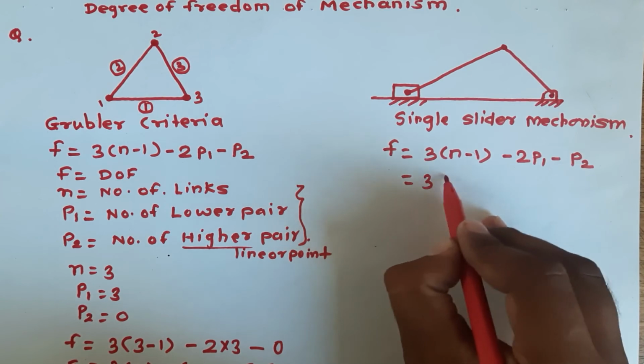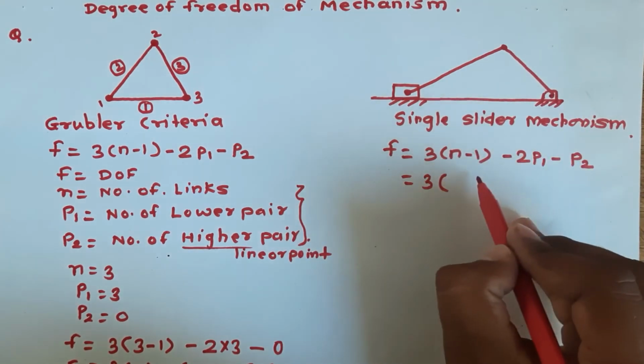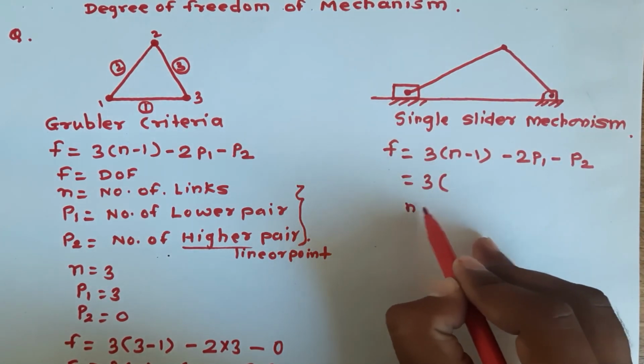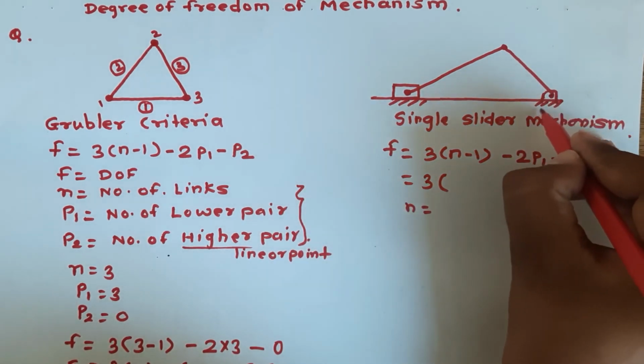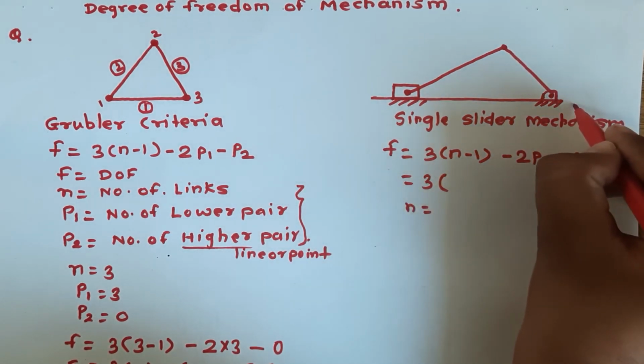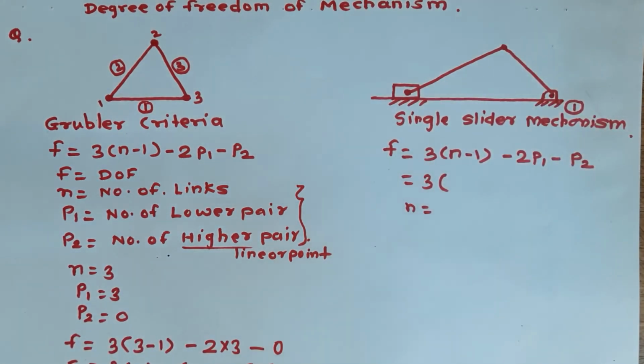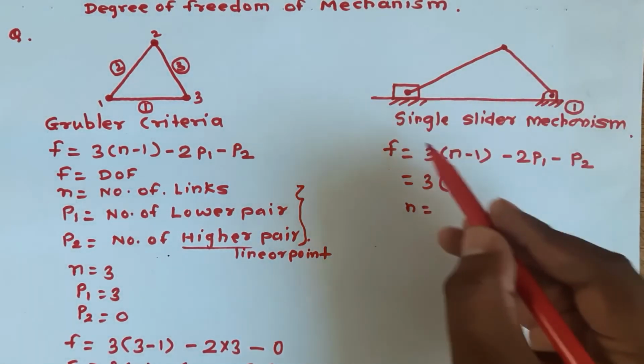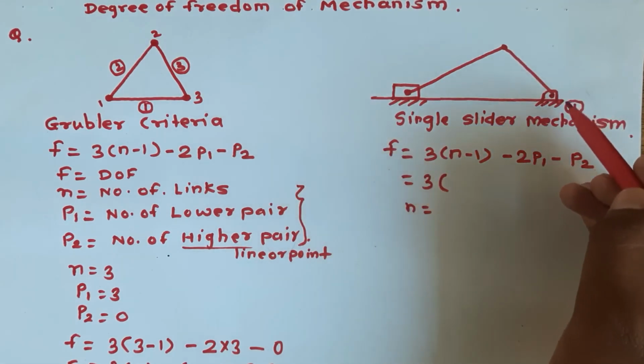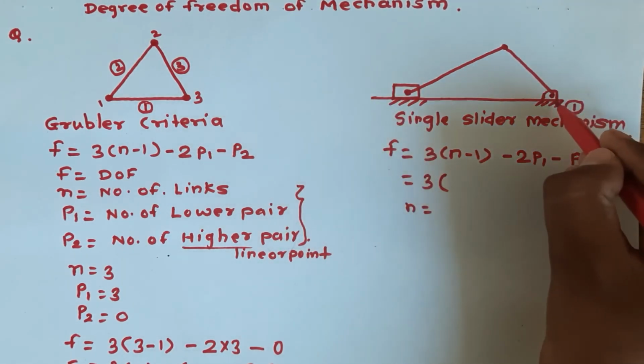Here n is the number of links, so first we have to find the number of links. The fixed link we can consider as link number 1. We can give names to the links clockwise or anti-clockwise. Here I will name them anti-clockwise.